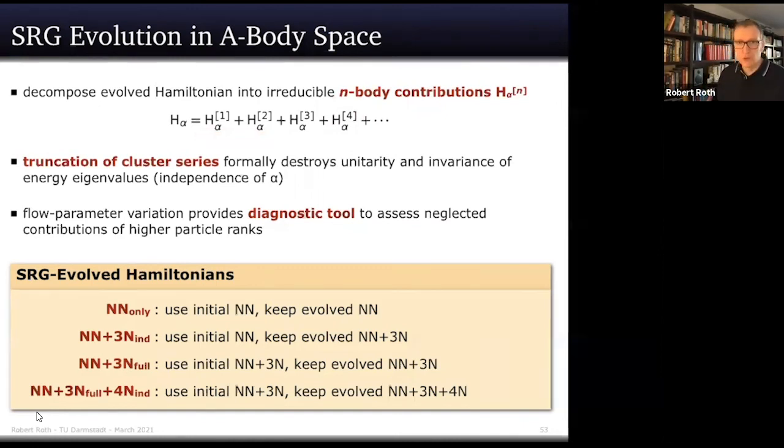You have to formulate the full flow equation in normal ordered form, and then you are at the level of the in-medium SRG, which we'll discuss later. So this is a very clever thought, and we will do that, but there are kind of two different stages of SRG that are typically done. Also, this normal ordering trick with the in-medium SRG will not help you if you really start from the initial hard Argonne V18 type Hamiltonian.